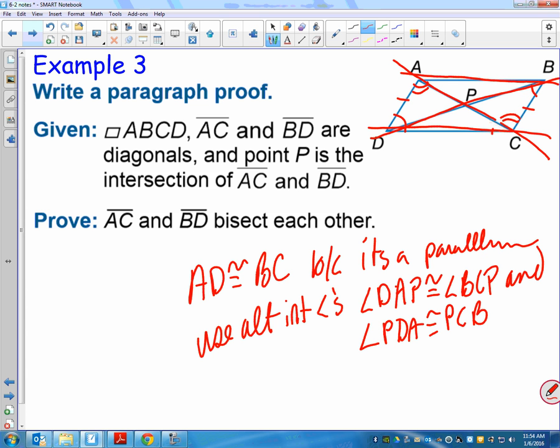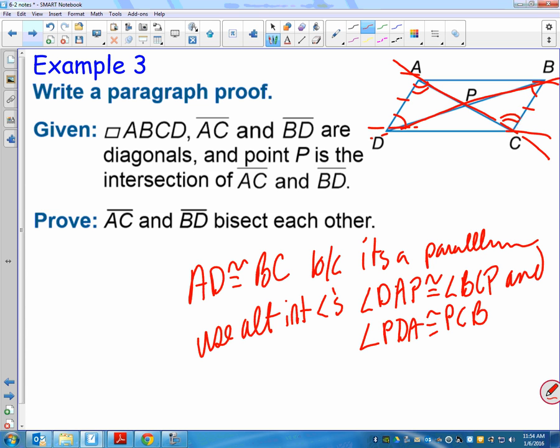So I used the definition of a parallelogram, or the property of a parallelogram, I've used alternate interior angles, and I'm gonna erase some of this because I'm trying to prove that these two triangles are congruent. Because if I can prove they're congruent, then I could use the CPCTC. So look what I have. Angle, side, angle. Do I have angle, side, angle? Yeah.